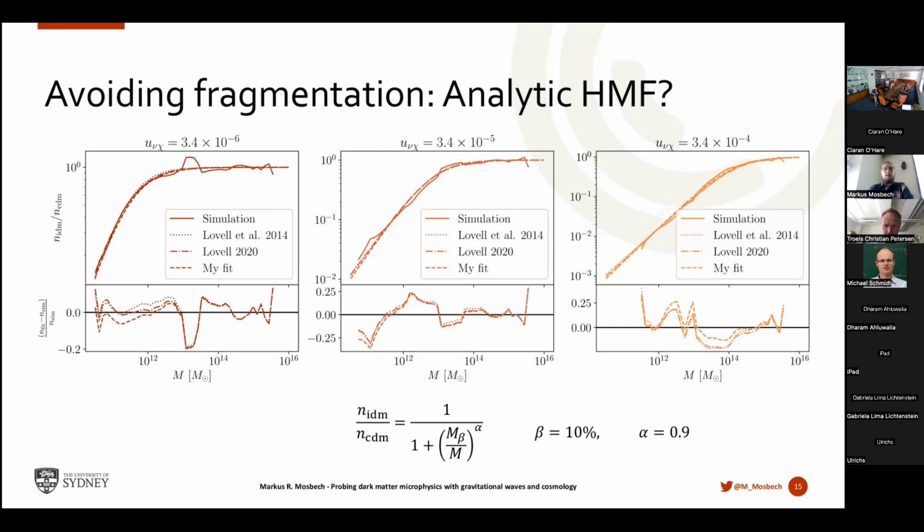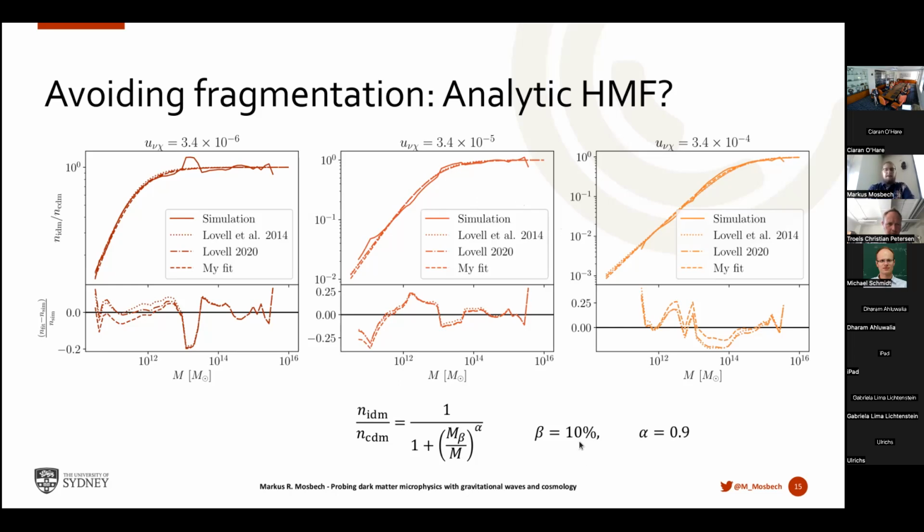We've fitted these alpha and beta parameters to find out what works best, and then we've tested it with different interaction strengths to see that it's not just fitted to these three, and we find that this suppression works really well.